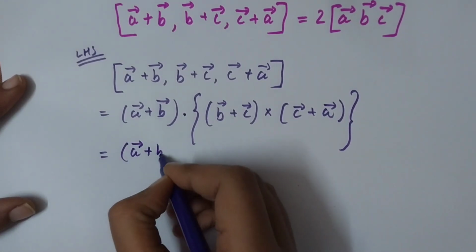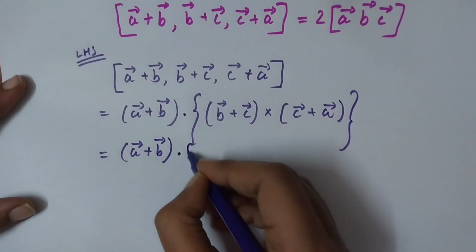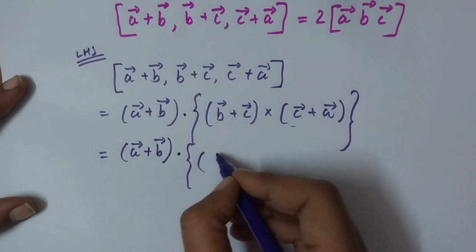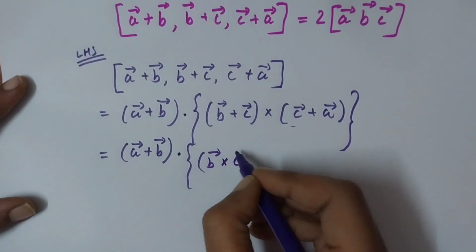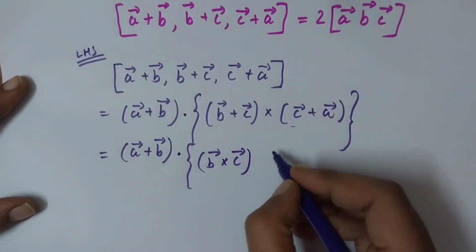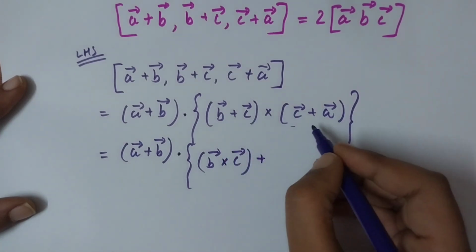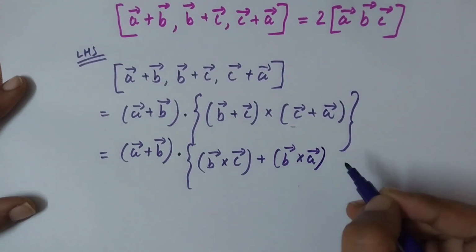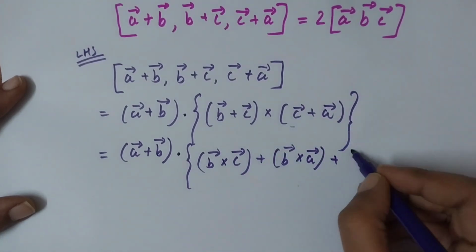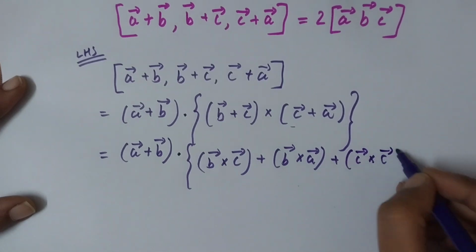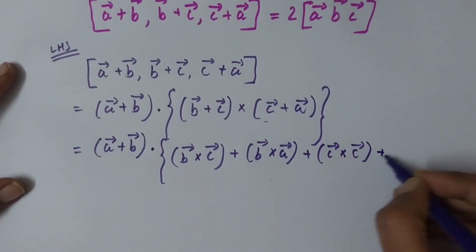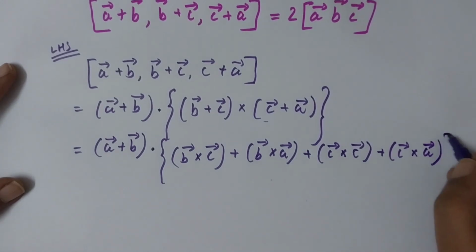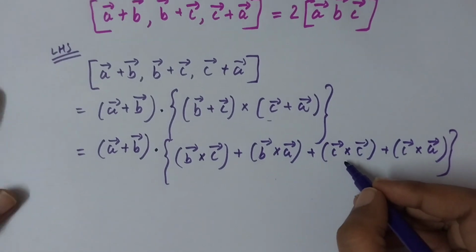Vector A plus vector B dotted with, when you expand this, we will get vector B cross vector C plus vector B cross vector A plus vector C cross vector C plus vector C cross vector A. Now this term is equal to 0.